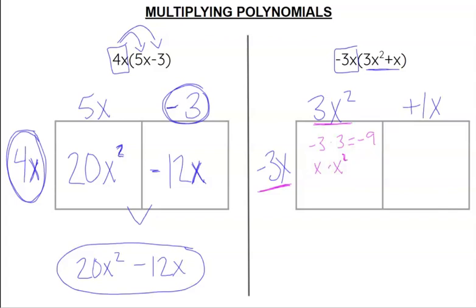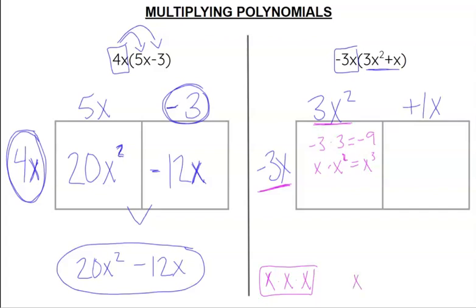So we can think about this in a couple different ways. The way I like to think about it is x times x squared is 2 x's. So we have x times x times x, which means I have a total of 3 x's. So that is going to be x to the third power. The other way to think about it is using our exponent rules.